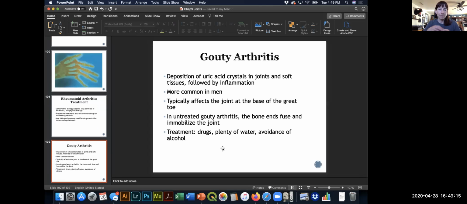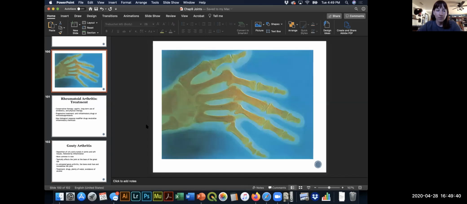It's more common in men, and usually starts at the joint at the base of the big toe. We looked up a picture of that crazy bend and lump that they get at the base of their big toe on the medial edge of the foot. In all types of arthritis, you can end up with bones fusing, which is called ankylosis.